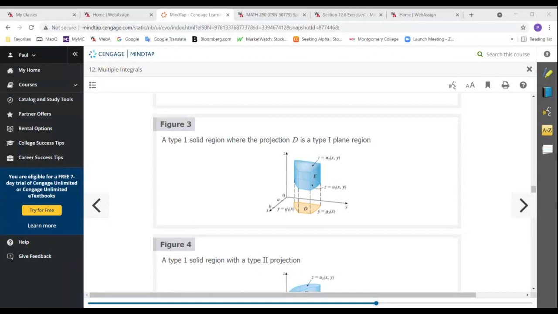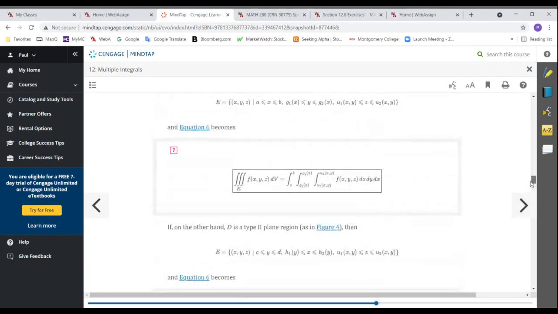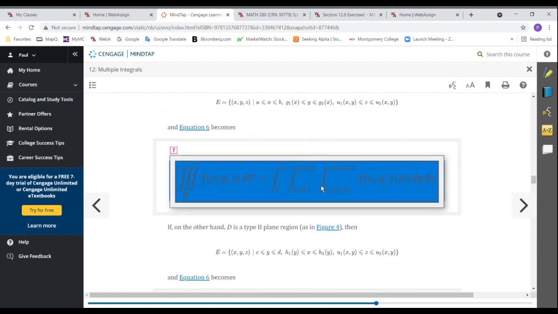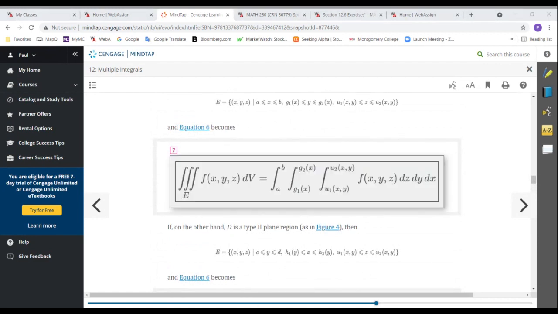Yeah, this is in figure 3, a type 1 solid region. You see how you have the boundary surfaces above and below, and then the region D has your top and bottom functions, g1 of x and g2 of x, and then limits go from a to b. Okay, that's how you get those limits, and then based on that picture, hopefully this makes sense.